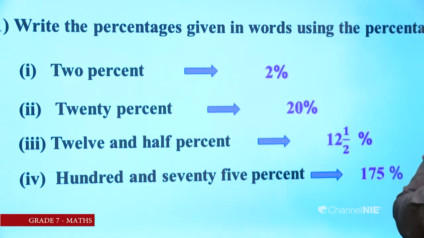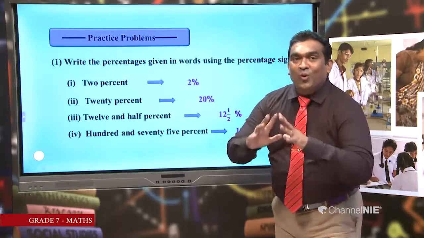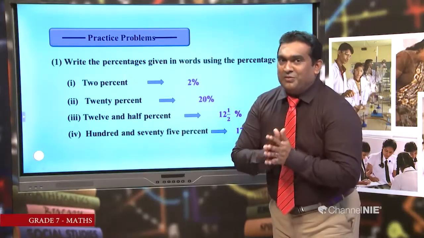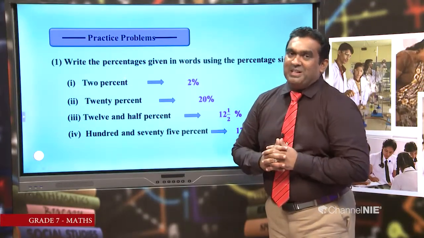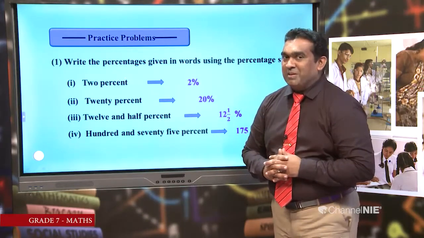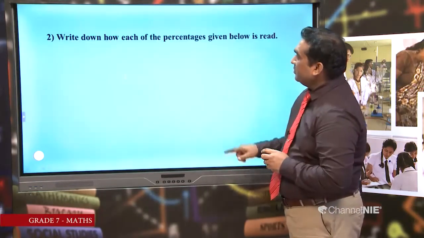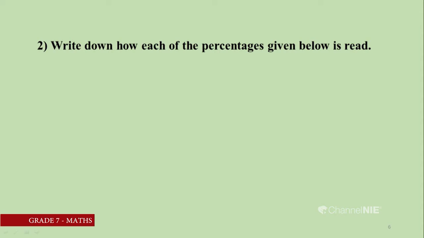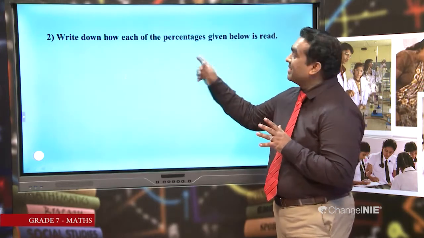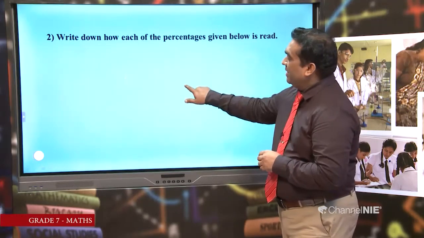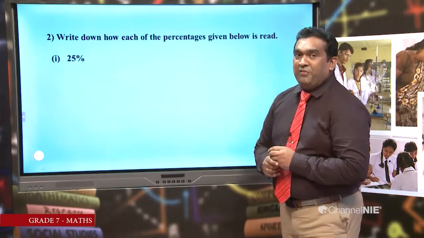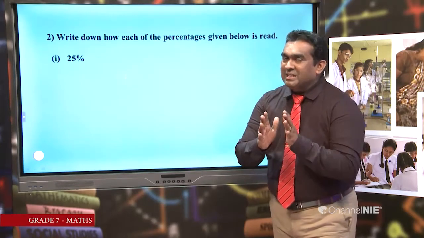Then what about the opposite case, or converse, of this concept? We will see it. Write down how each of the percentages given below is read. Okay, we will see the concept behind this. 25 is the number.